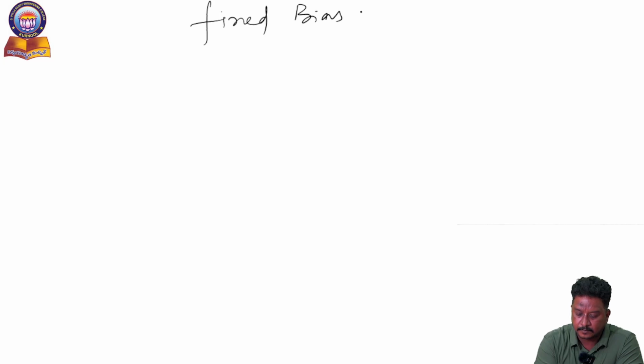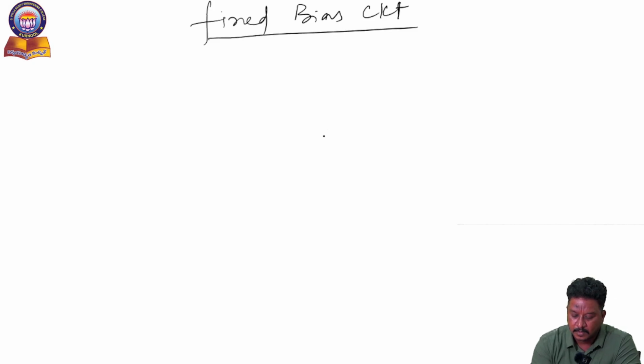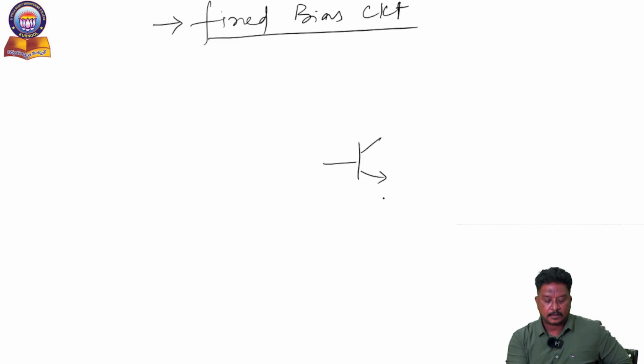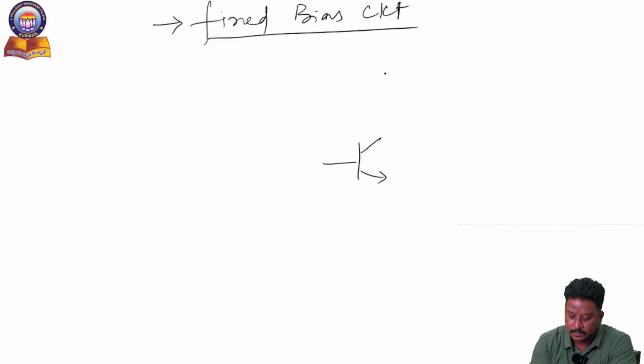In that process, the first one is the fixed bias circuit. So I am trying to draw the diagram of the fixed bias circuit. This is the transistor. From this definition, I am showing the resistors in the fixed biasing.